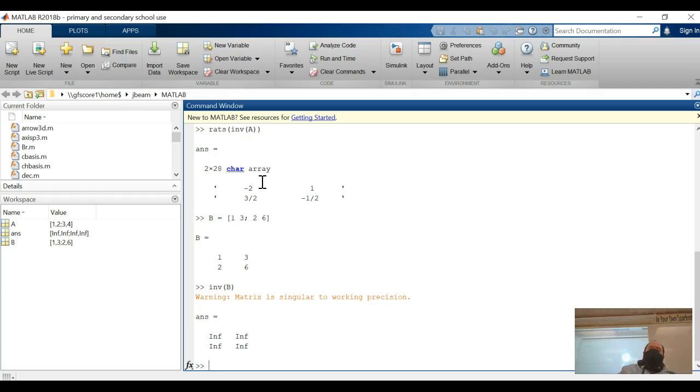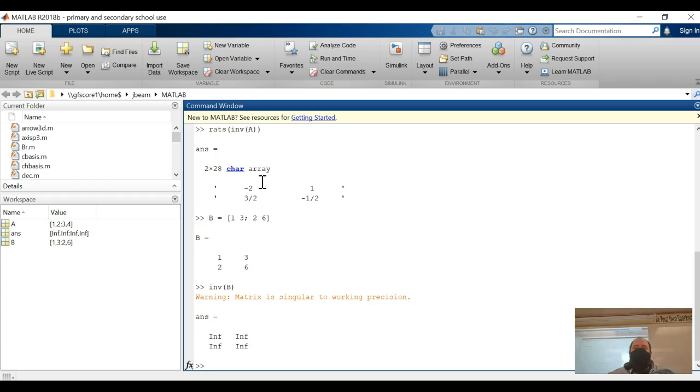So this is MATLAB's way of hedging. It's saying, I don't think this matrix has an inverse, but I'm only good to 16 decimal places, so don't take my word on it. For our purposes, if it throws that warning, it's telling you it's not invertible. Does that make sense?